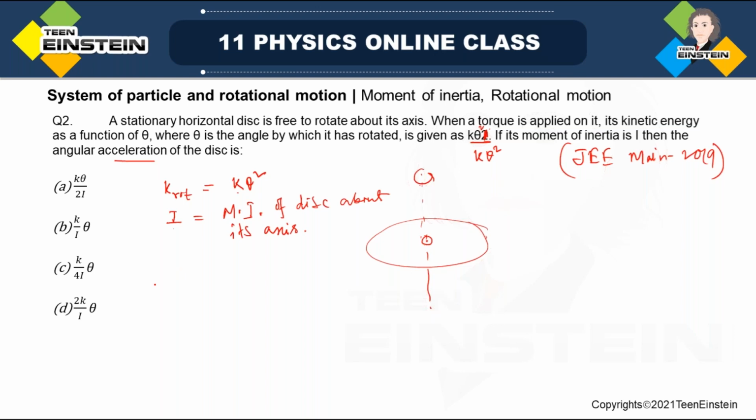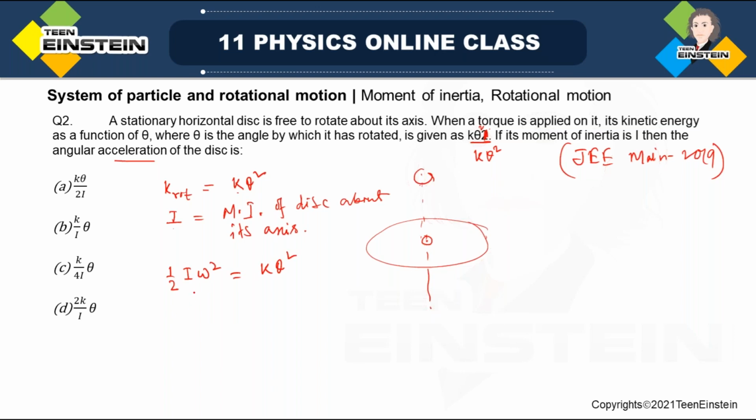So we know the rotational kinetic energy of any object can be written as half I omega square, where I is the moment of inertia, and here it is given to be k theta square.